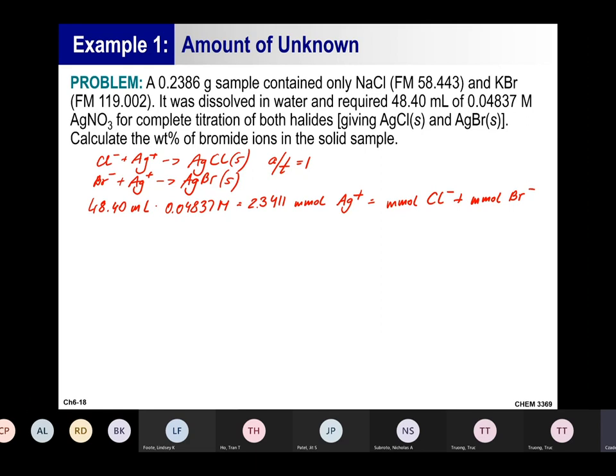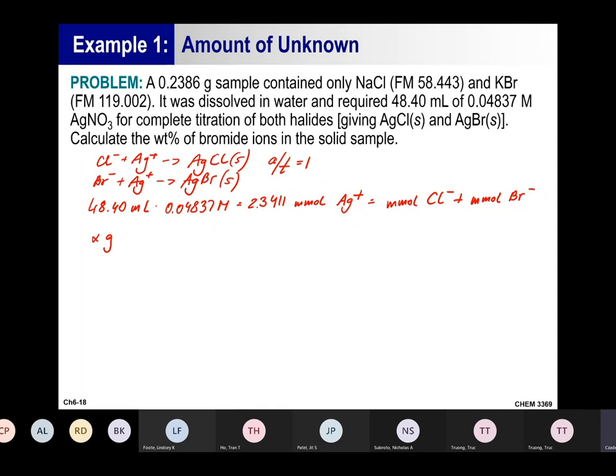And that mass contains both Cl minus and Br minus, okay? So the moles of Cl minus, right, will be equal to the moles of NaCl in the original sample, right?